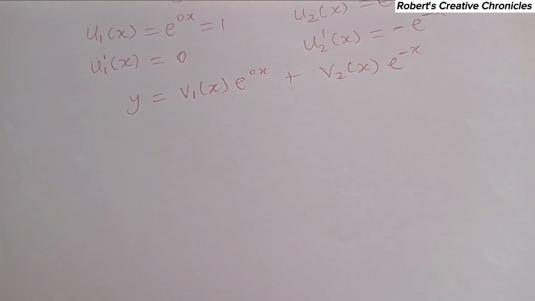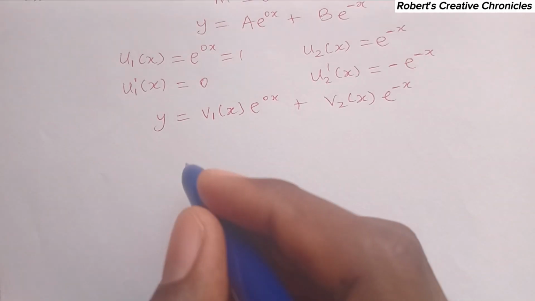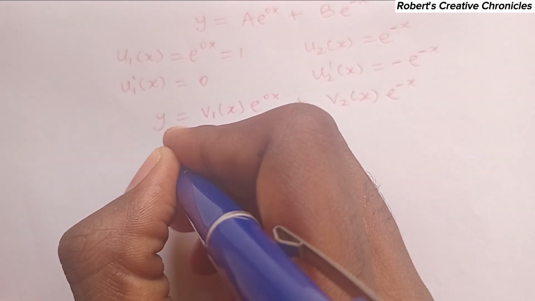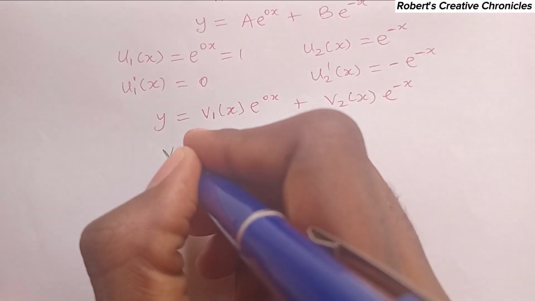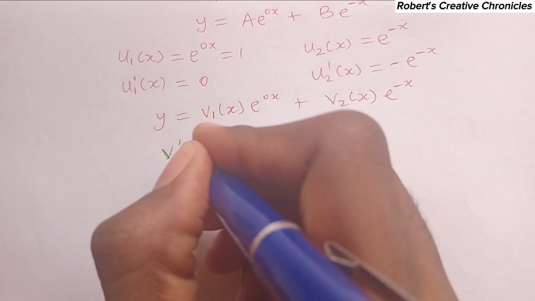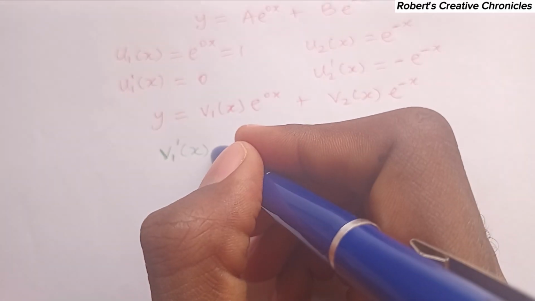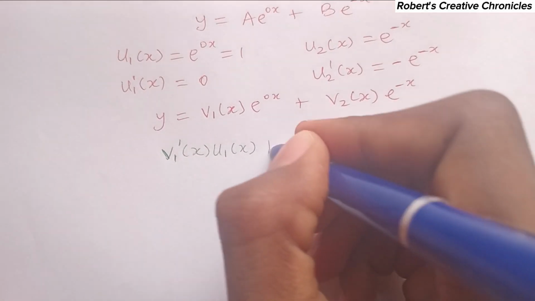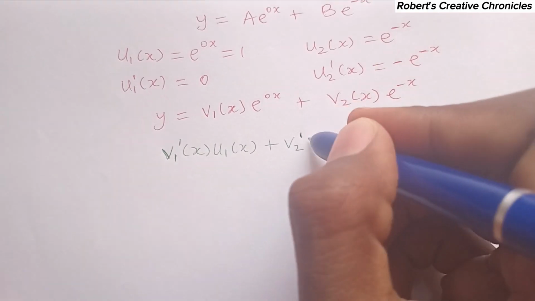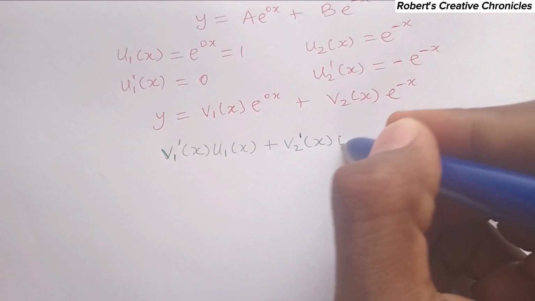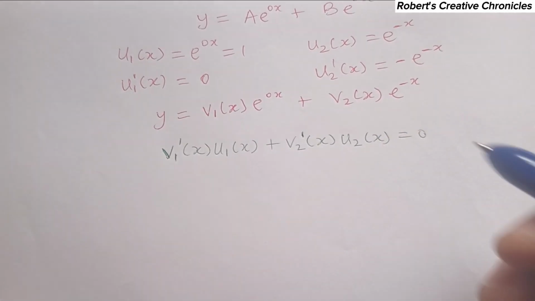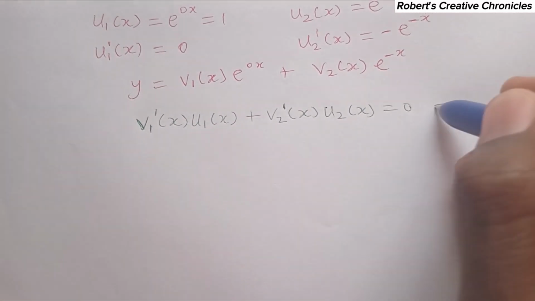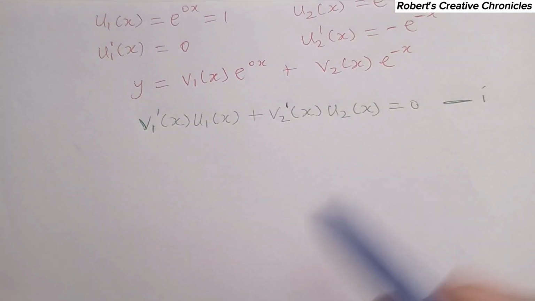So now the two equations that we solve when using the method of variation of parameters are these. This is the first one: v1 prime(x) u1(x) plus v2 prime(x) u2(x) is equal to 0. So this is the first equation we solve in variation of parameters.